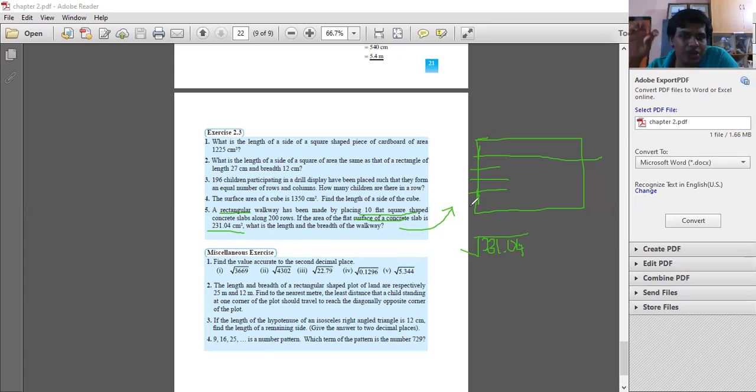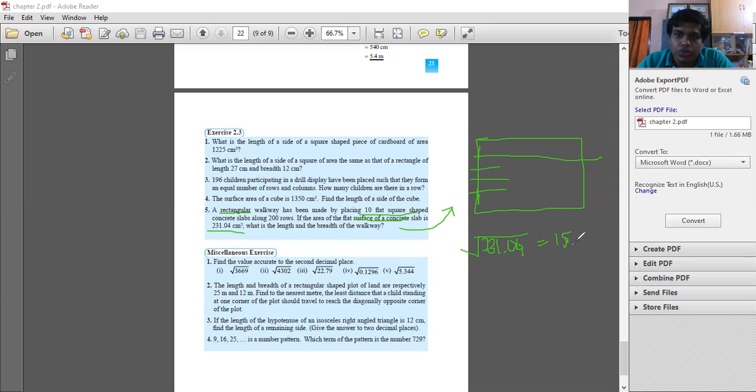I don't get that 200 rows mind map perfectly, but when you take the square root of 231.04, it will give you around 15.2.